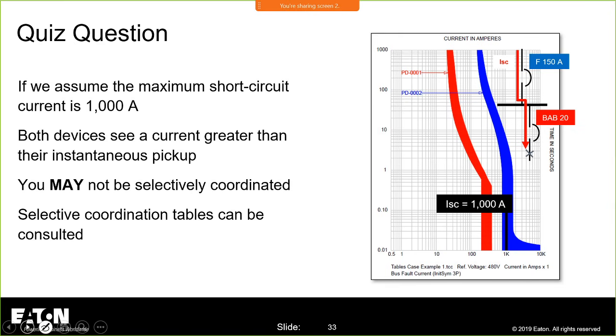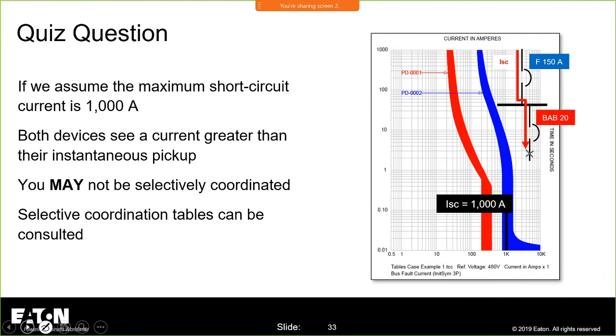The F-150 can trip anywhere from 0.01 seconds all the way up to maybe around 11 seconds. I call that no man's land. It could trip any time in there. I don't know for certain when that F-150 is going to open on 1,000 amps.